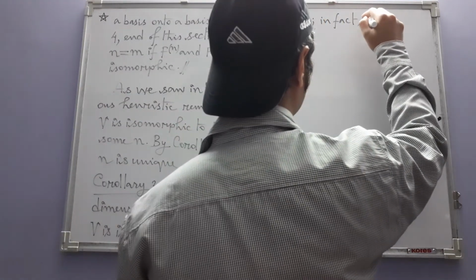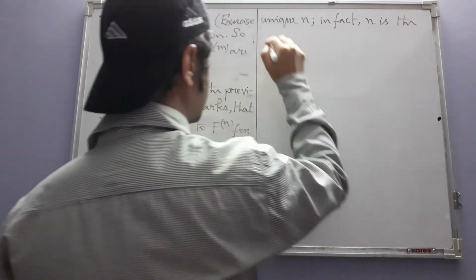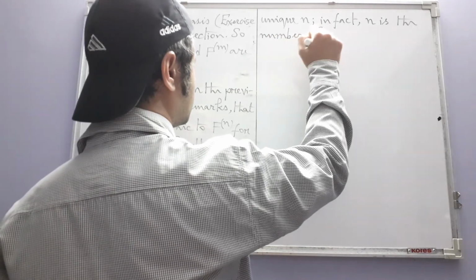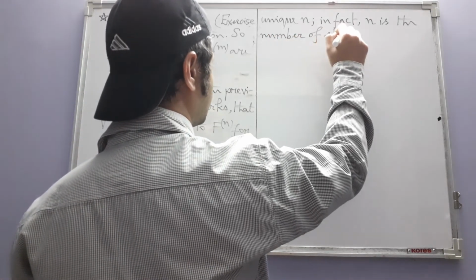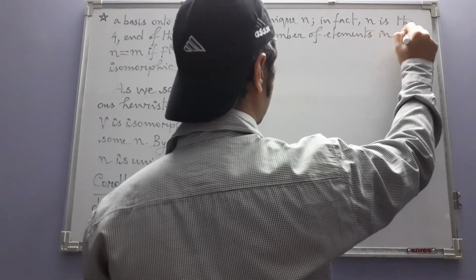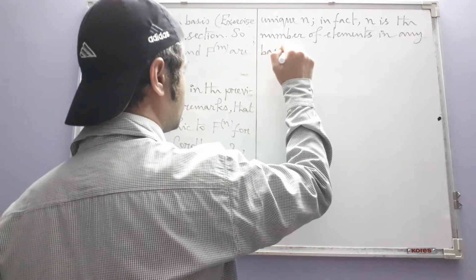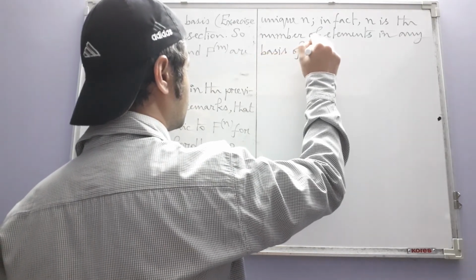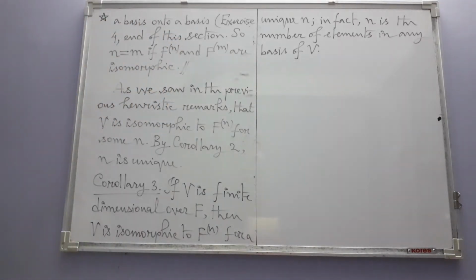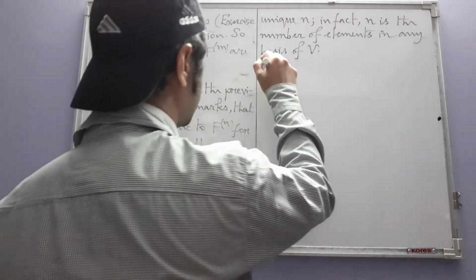In fact, n is the number of elements in any basis of V. Yeah, now we can say that this number is defined to be the dimension.